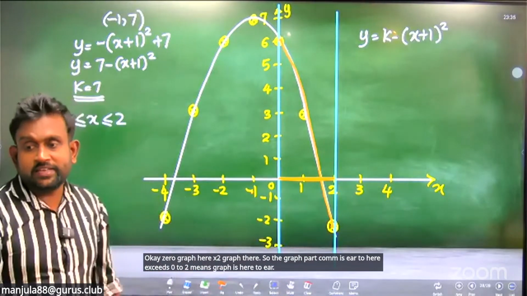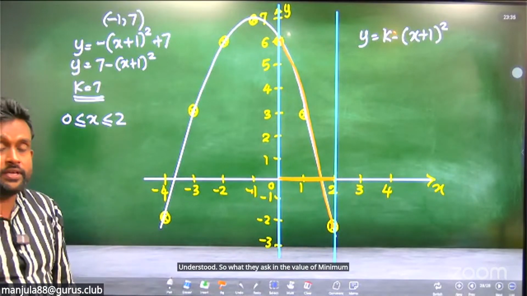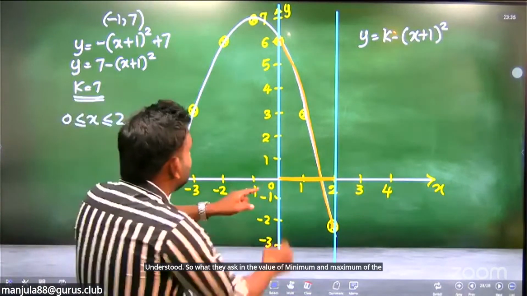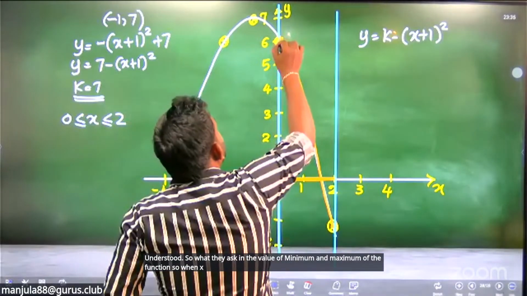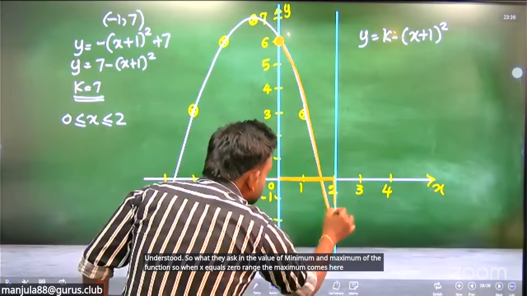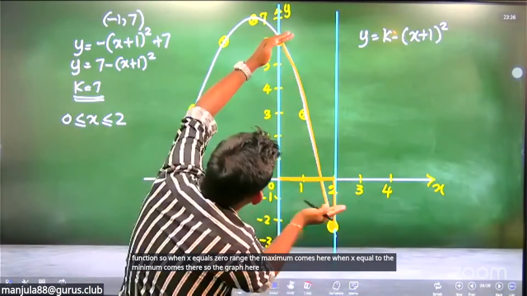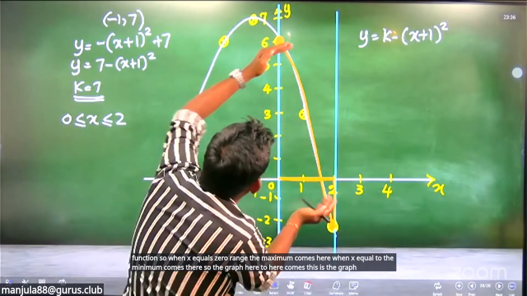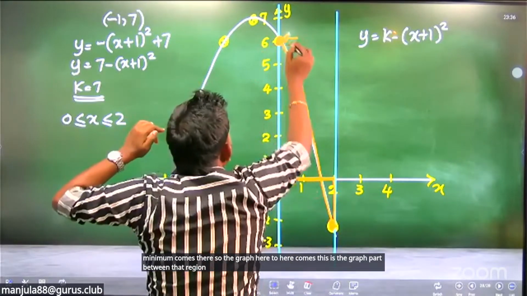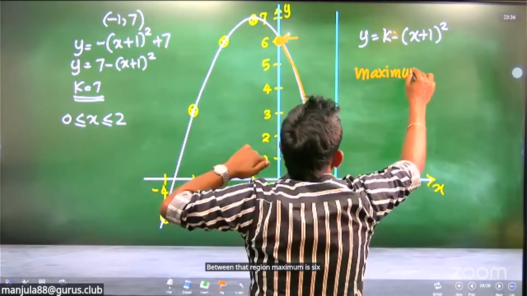Understood? So what they ask is the value of minimum and maximum of the function. So when x equals 0, the maximum comes here. When x equals 2, the minimum comes there. So the graph here to here coming, this is the graph part between that region. Between that region, the maximum of the function is 6.